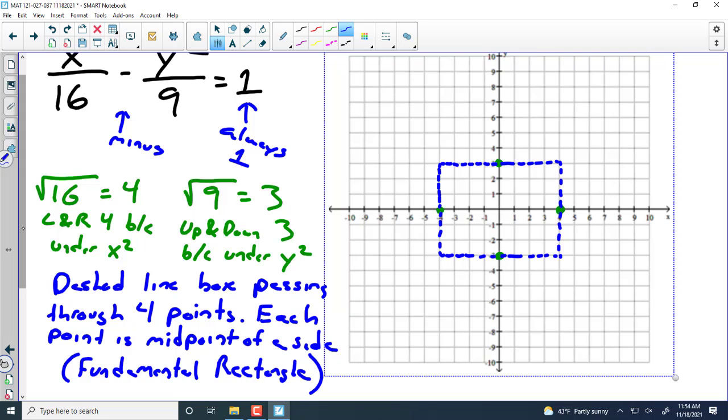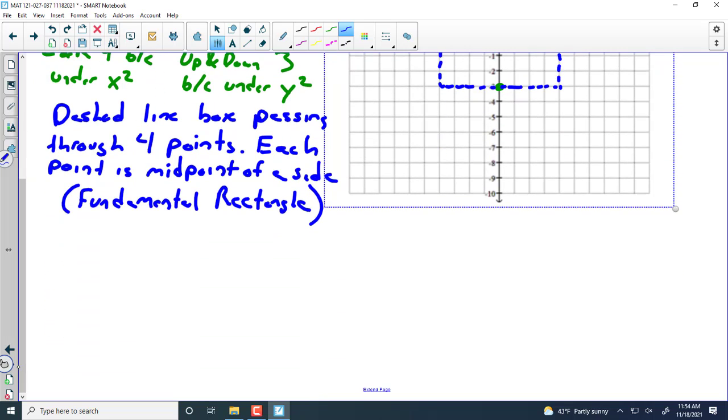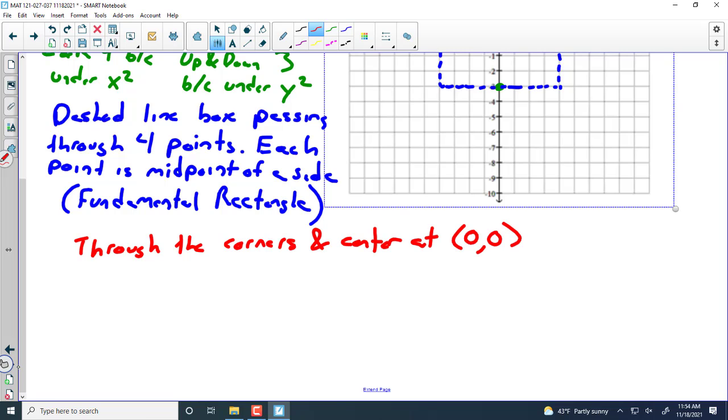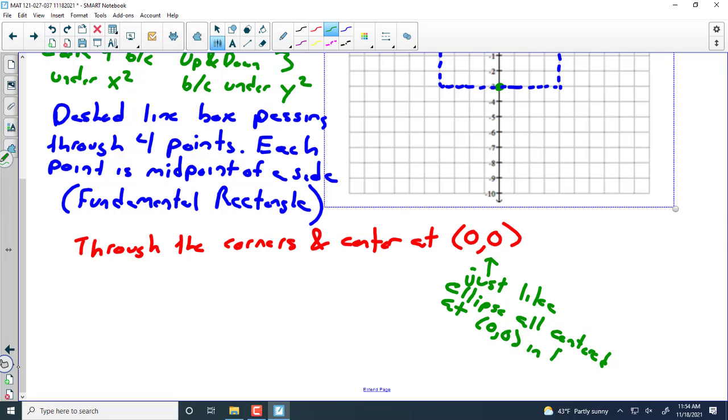What you have to do is this. Just like the ellipse, we're going to center all these at 0, 0 in Math 121.